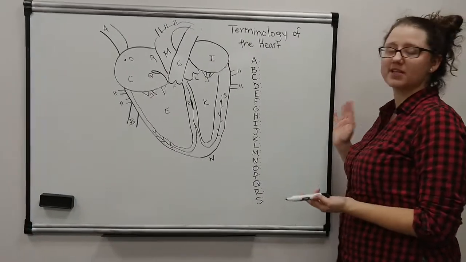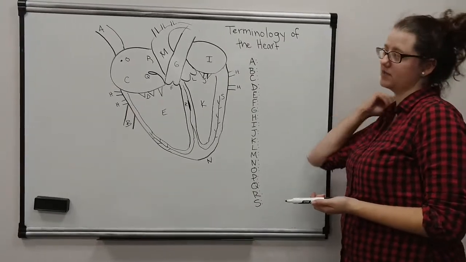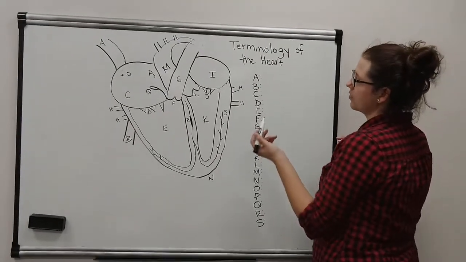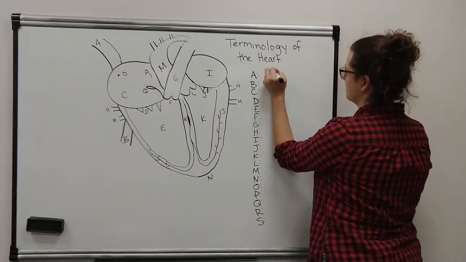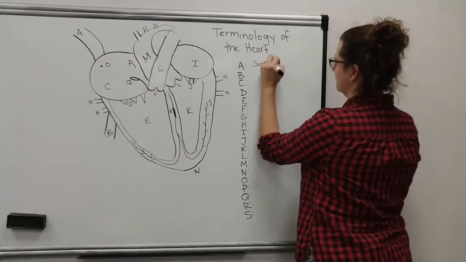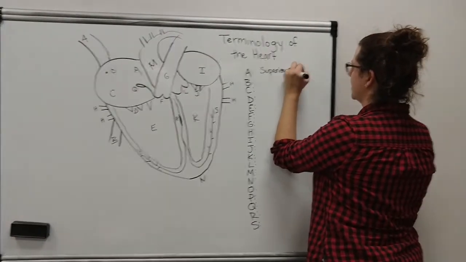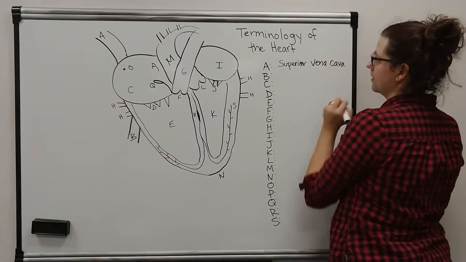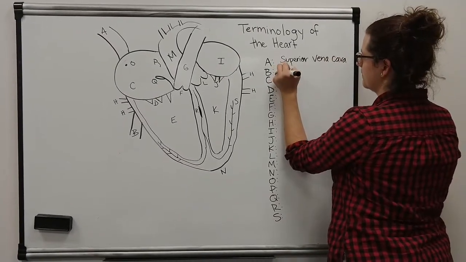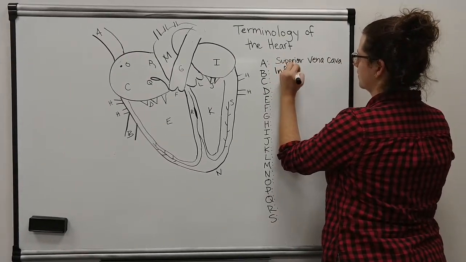So these are the terms that you need to know about the heart. A corresponds to the superior vena cava. B corresponds to the inferior vena cava.